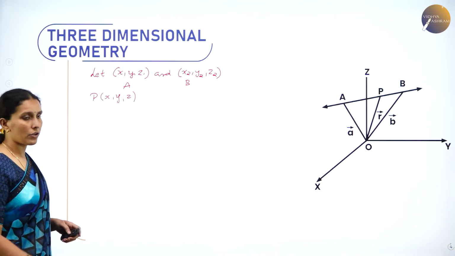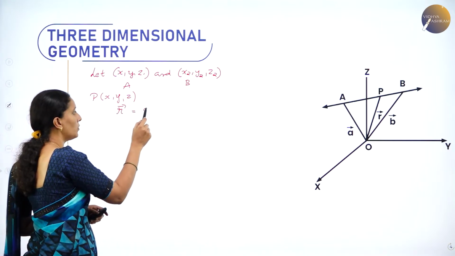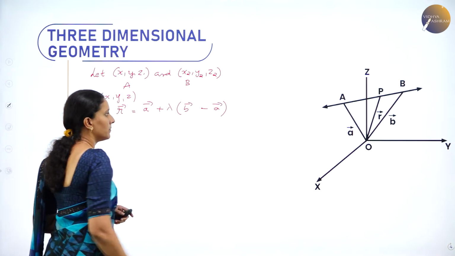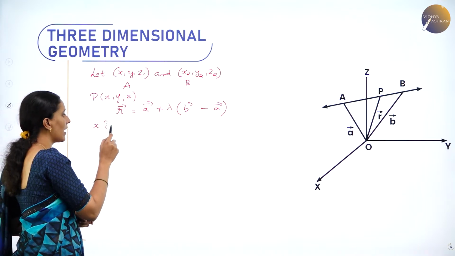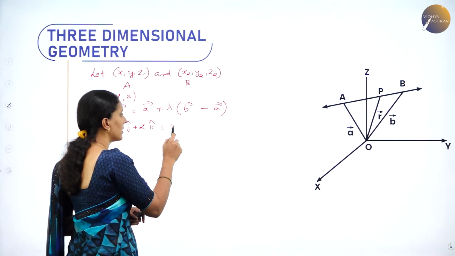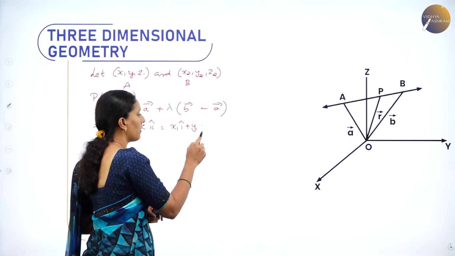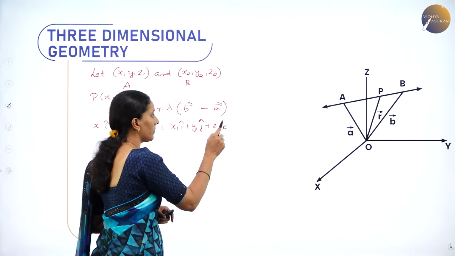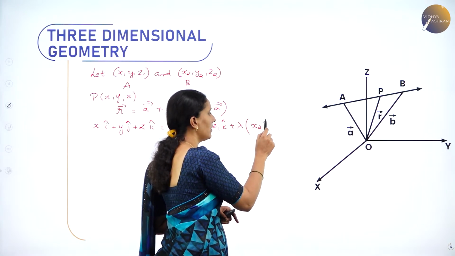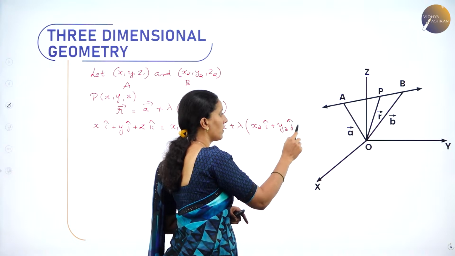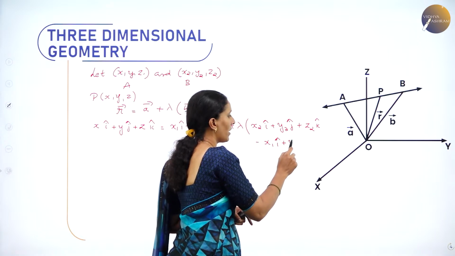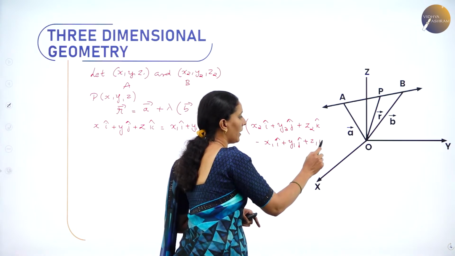Then according to our vector form, we have vector R is equal to vector A plus lambda into vector B minus vector A. So, now vector R is xi plus yj plus zk, and vector A is x1i plus y1j plus z1k plus lambda into vector B. So, vector B is again x2i plus y2j plus z2k minus x1i plus y1j plus z1k.